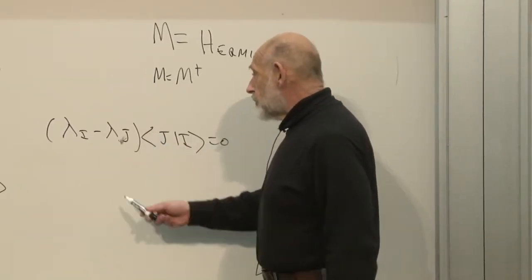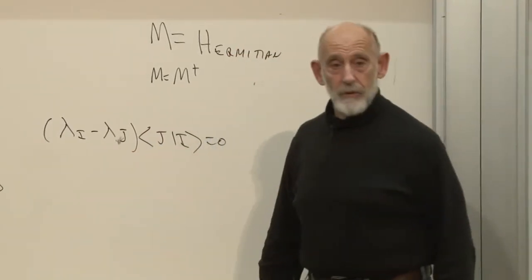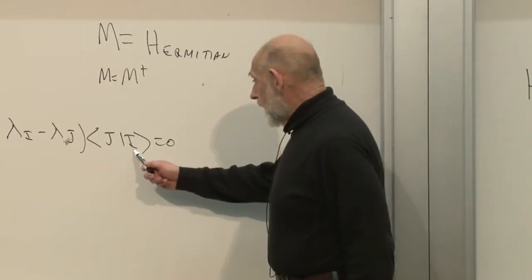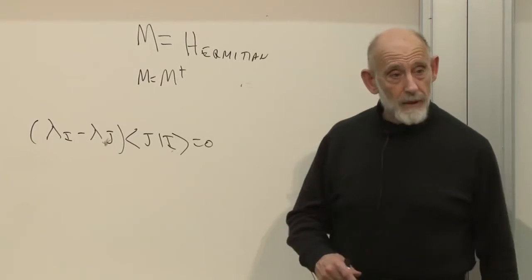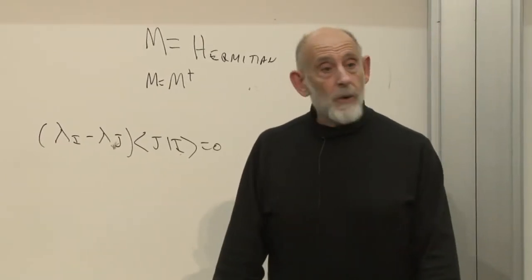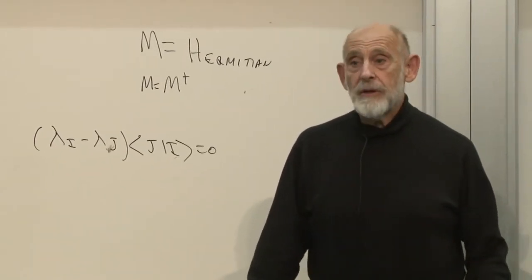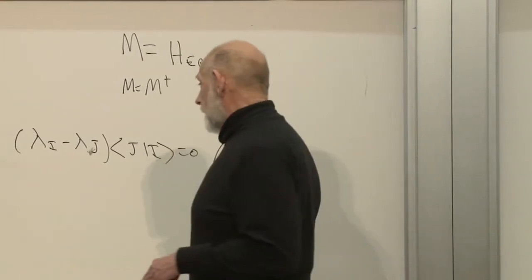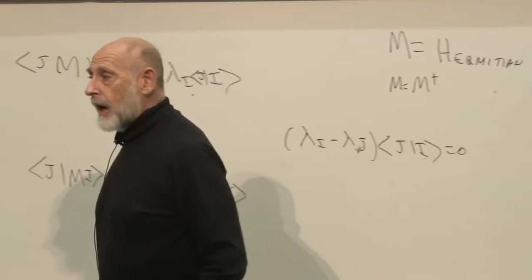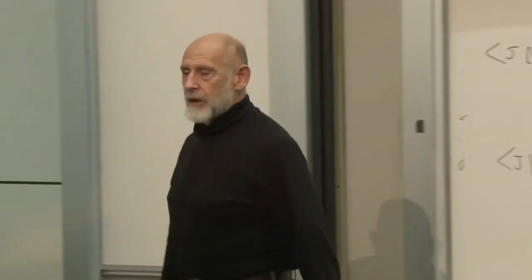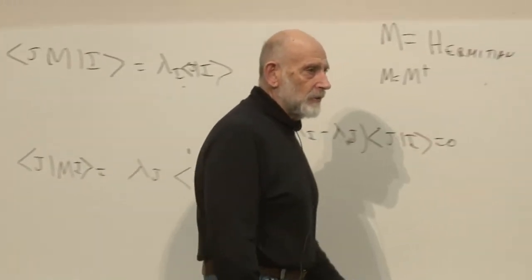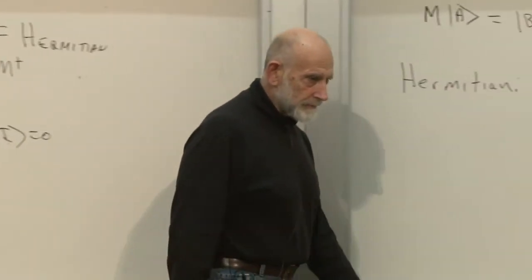So by assumption, lambda I is not equal to lambda J. The conclusion is that the inner product of I with J must be equal to 0. So what does that mean? That means that I and J are orthogonal. So we now have a theorem. The eigenvectors of Hermitian matrices with different eigenvalue are orthogonal.